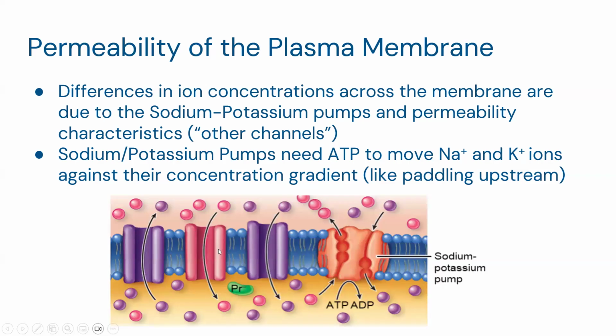We'll also see we have different types of protein channels that allow entry and exit of potassium and sodium when they're open. The pump is swimming upstream, so we need energy. When it comes to our channels, we're going to swim downstream, down the concentration gradient, so there's no energy involved in this part of the movement.